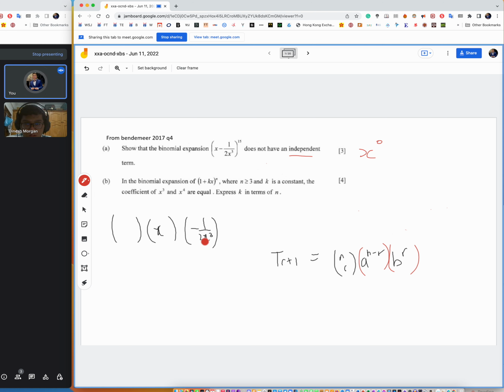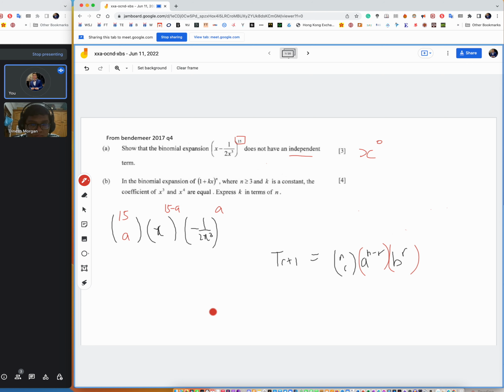So I will just continue with this question first. So in order to get the x to the power 0 term, you have a 15 here, right? So what this means is you have this 15 here, and then you have this. Let's call this a, right? This will be your 15 minus a, and then this will be your a.